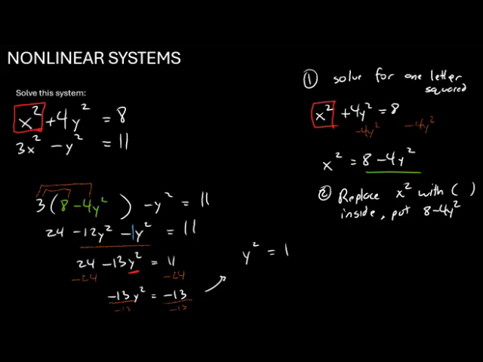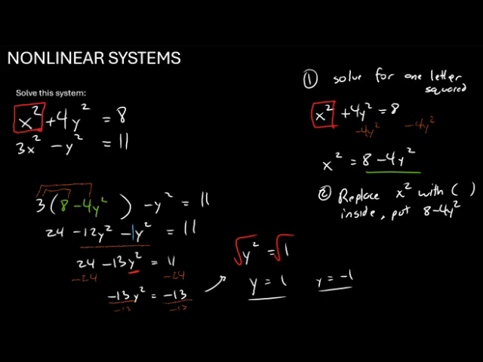To solve for y, I now take the square root on both sides. Remember that when you take the square root with a number on the right side, you'll get plus or minus. This means we'll have two solutions to this equation. We'll have y equals positive 1 and y equals negative 1. These are both valid solutions for y.